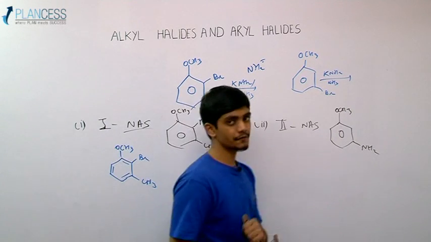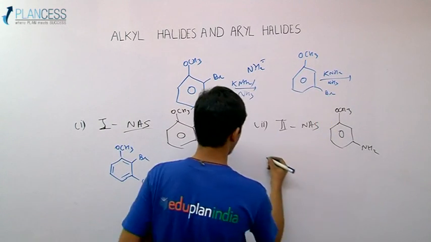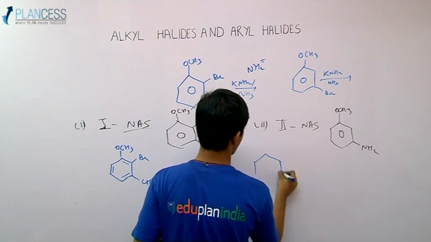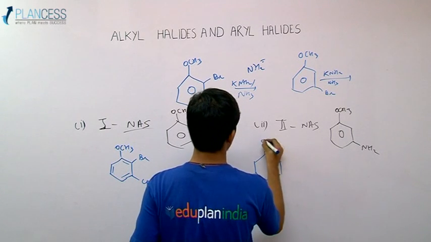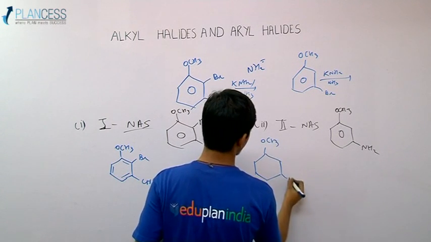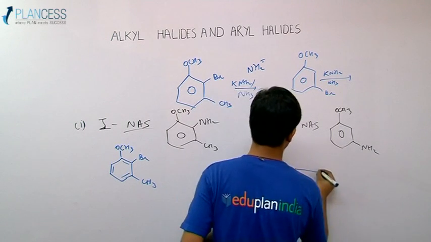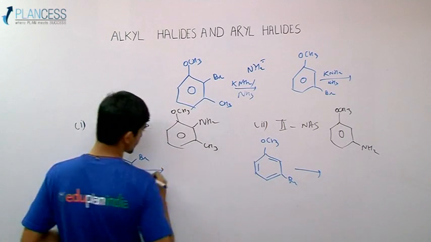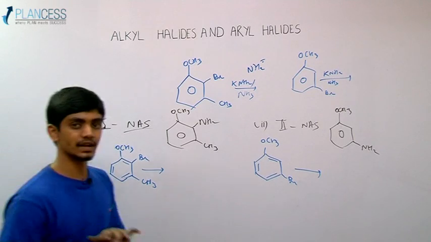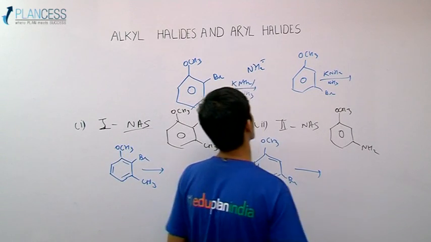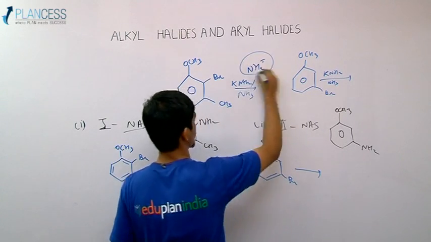Side by side, let us write the mechanism for this also. We have OCH3, Br, and double bonds here. What is the first step in the mechanism? The first step is the abstraction of a proton by NH2 minus.